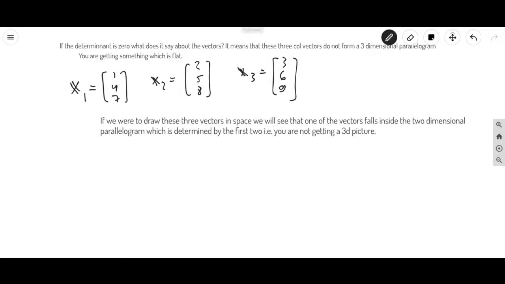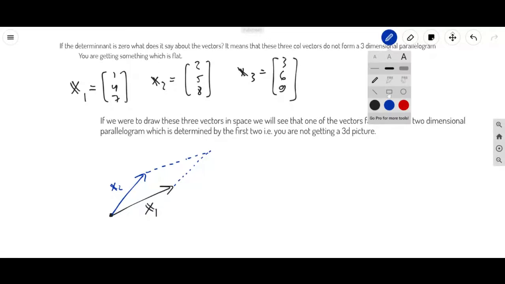If that's not clear, what we're saying is this. You have your three vectors. So let's say this is x1. And then you have your x2, maybe it looks something like this. x1 and x2 together determine some kind of two-dimensional parallelogram. Now, usually when you have a third vector, it's pointing out, and that way you're able to create a three-dimensional parallelogram.